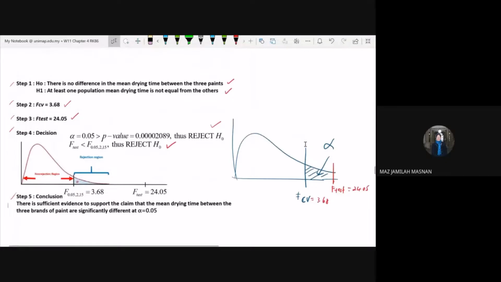Since we reject the null hypothesis, remember, reject null means that, as when we discussed chapter 3, I have given you the summary: if you reject null, it means that you have sufficient evidence to reject.